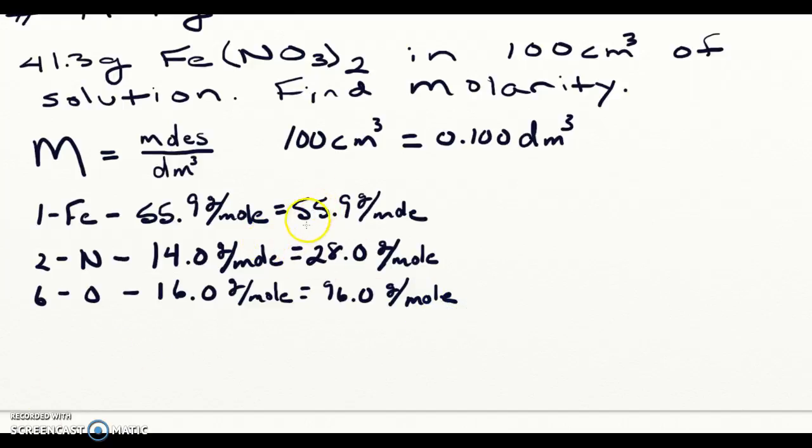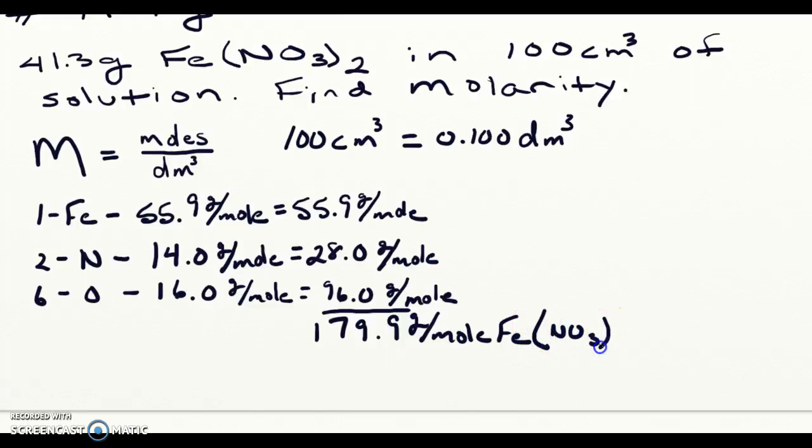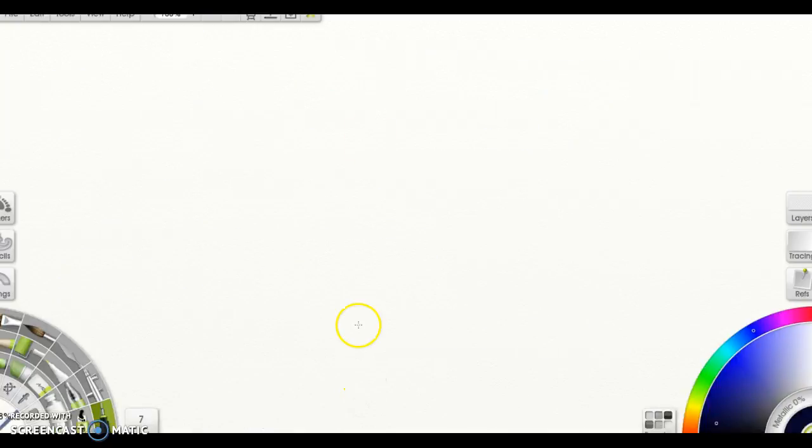Okay, so now that you've got them all individually, we add them up. When I totaled these all up, I got 179.9 grams per mole of iron nitrate. Okay, so now we're all set. I'm going to get a new page so that we can convert these 41.3 grams of iron nitrate to moles using the molecular mass.